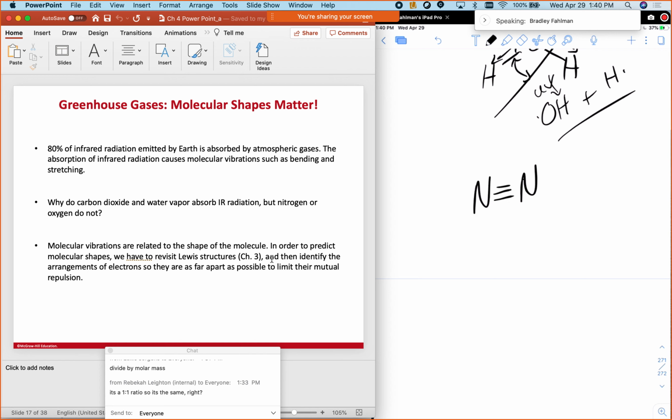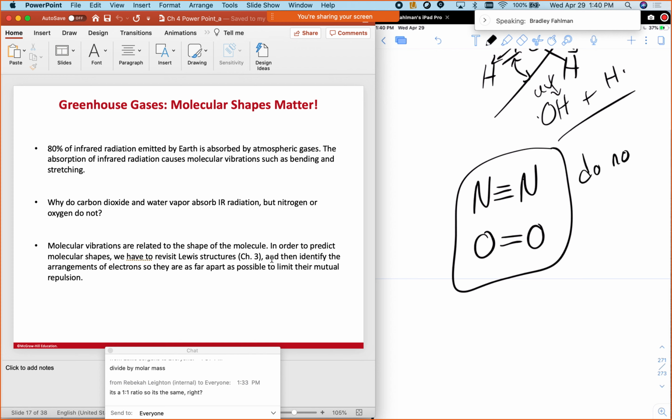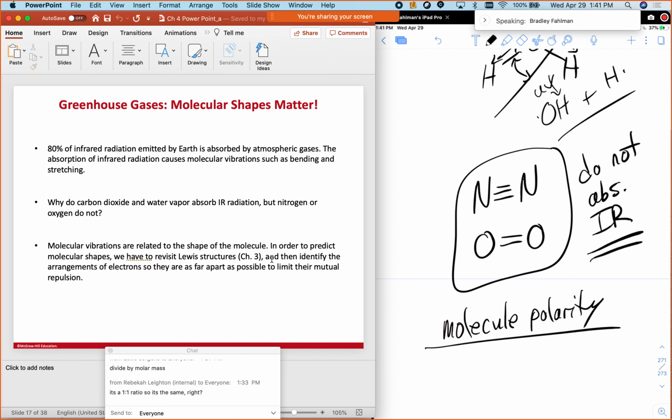The two that are most prevalent in our atmosphere do not absorb IR. Remember, for infrared radiation, the molecule has to undergo a change in its polarity. We're going to talk about molecular polarity later today too. The polarity of a molecule is where one side of the molecule is slightly negative and the other is positive.